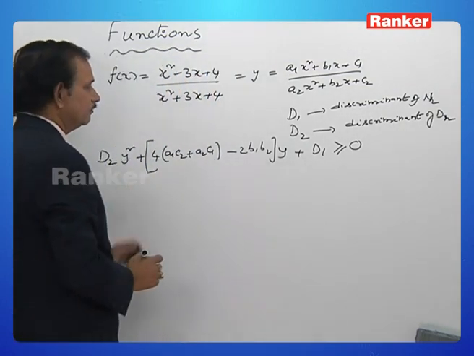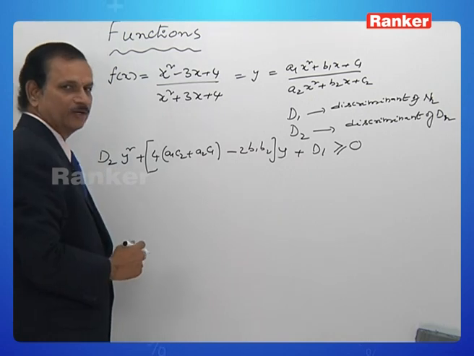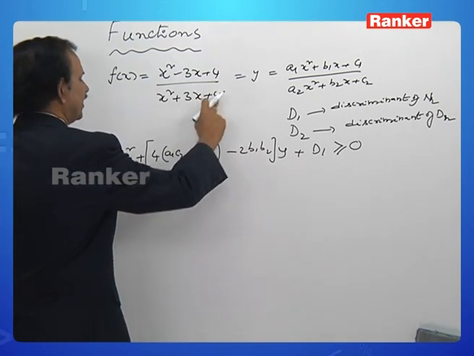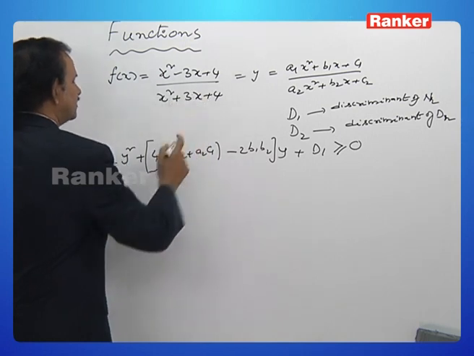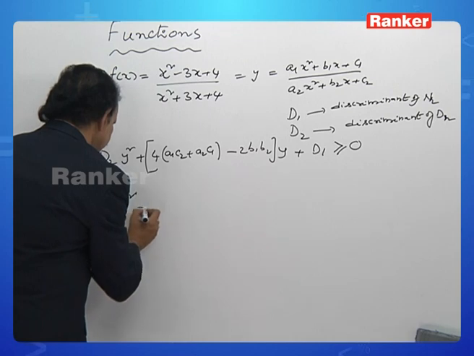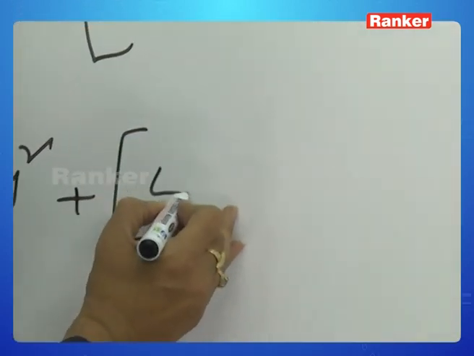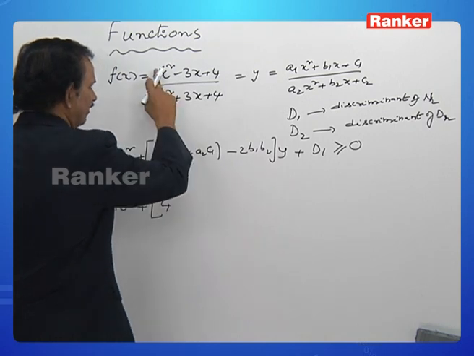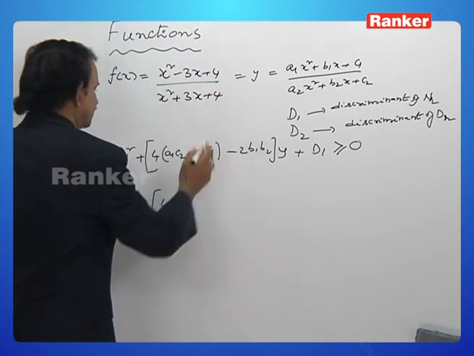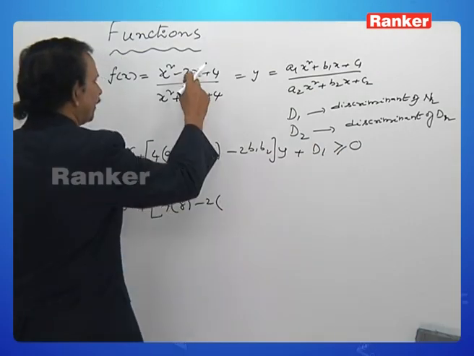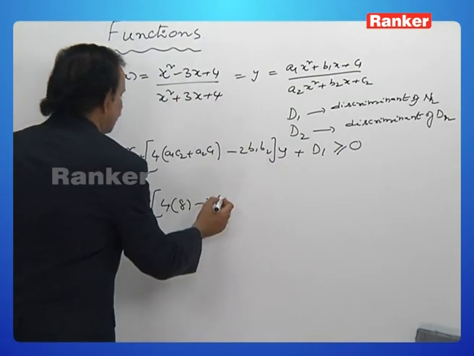What is d2? Discriminant of the denominator. What is the discriminant of the denominator? b square minus 4ac, that is 9 minus 16. What is that? Minus 7. a1 c2 plus a2 c1, 1 into 4 plus 1 into 4. What is that? 8. b1 b2, minus 3 into 3, minus 9.